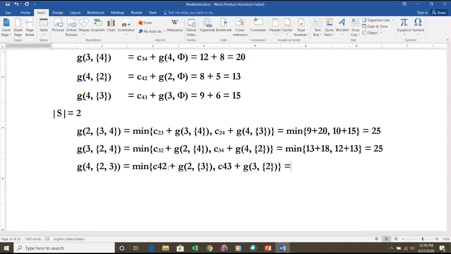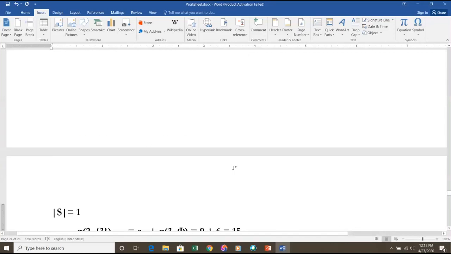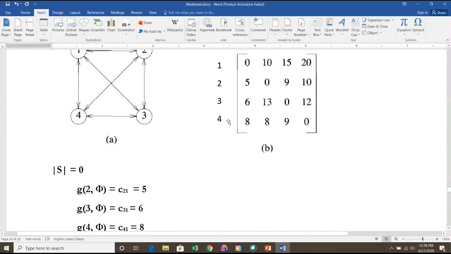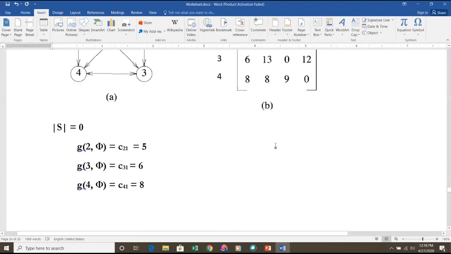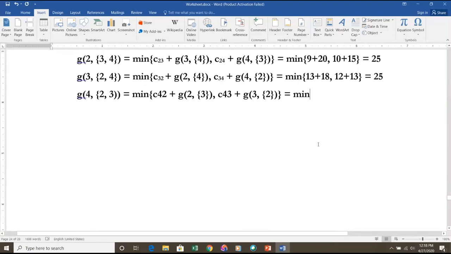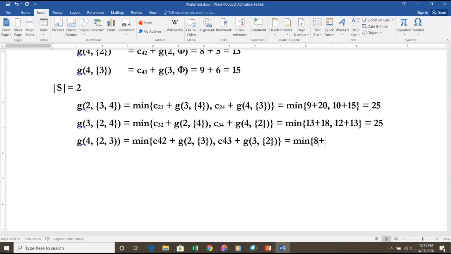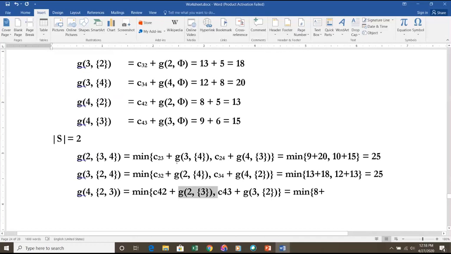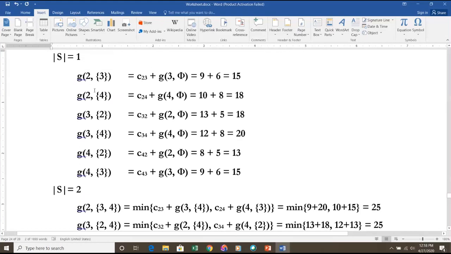Let us see what are the values. 4 to 2, 4 to 3, 8 and 9. G of 2 3 is 15.